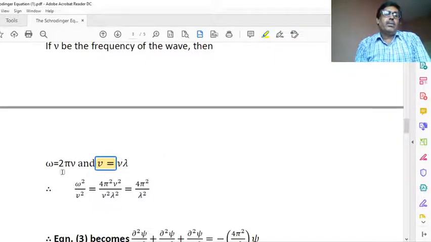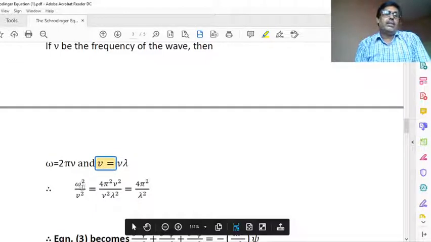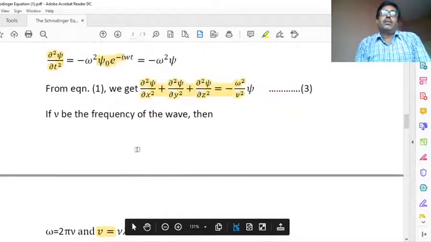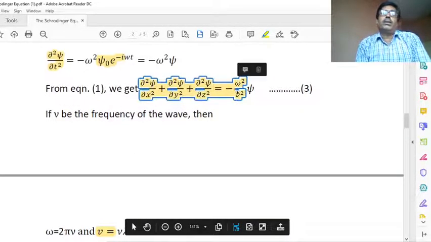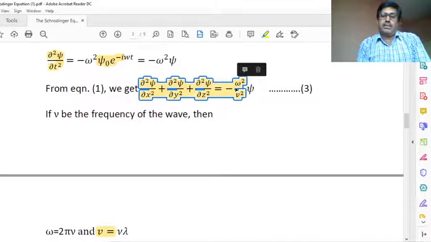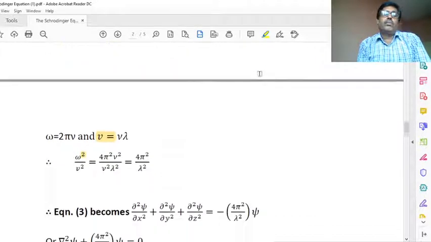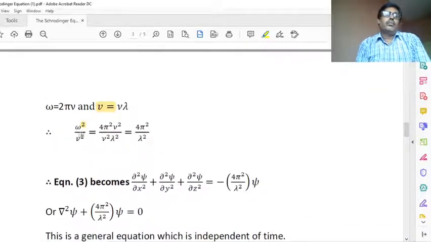Now we square omega and divide omega square by v square, because our target is to put the value of omega square by v square in equation 3. Omega square is 4 pi square nu square, and v square is nu square lambda square.